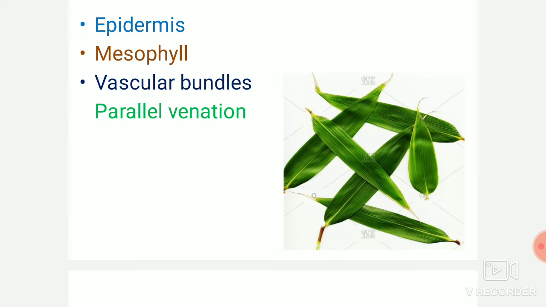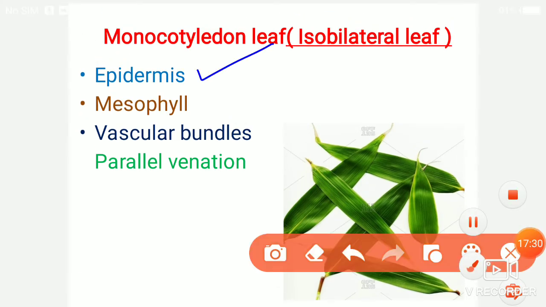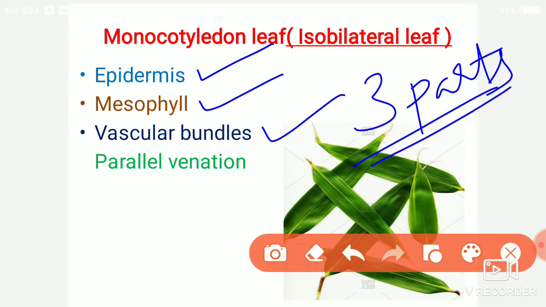And it also has three parts, that is epidermis, mesophyll and vascular bundles. The monocot leaf also has three parts: epidermis, mesophyll and vascular bundles.